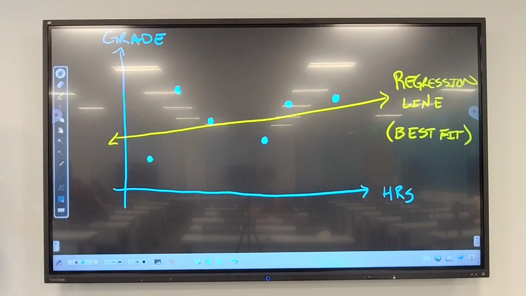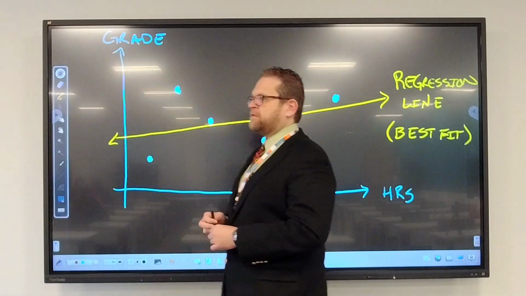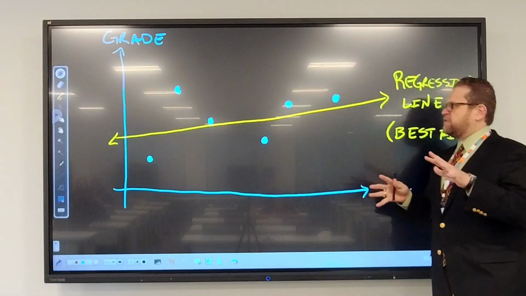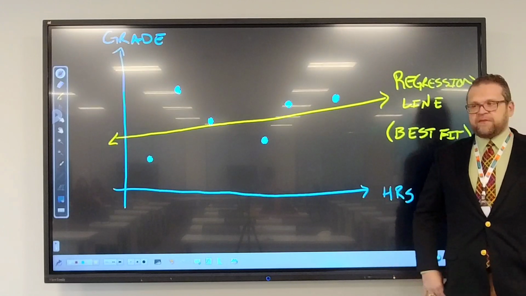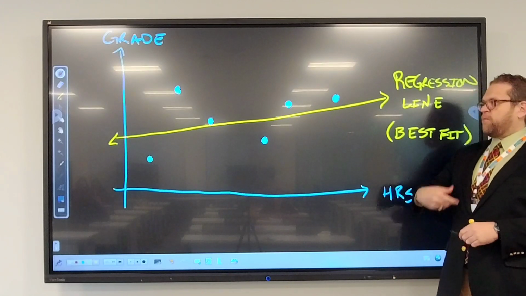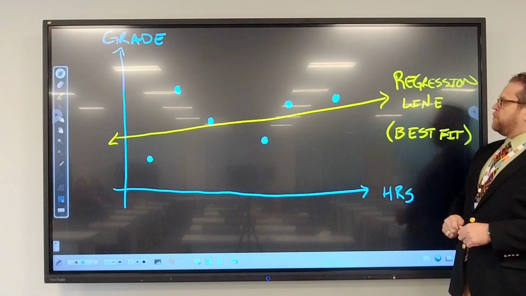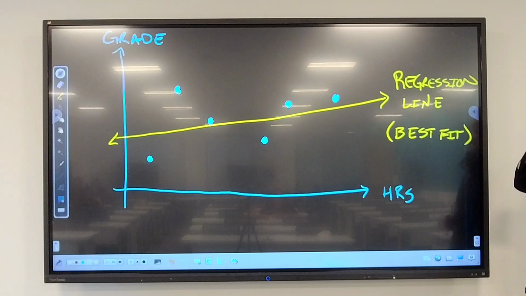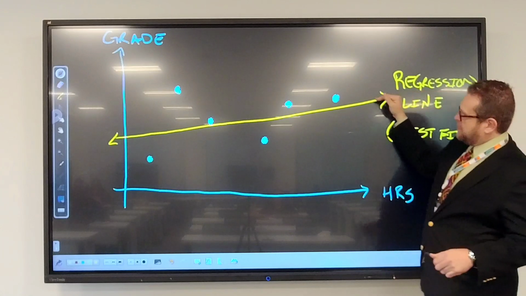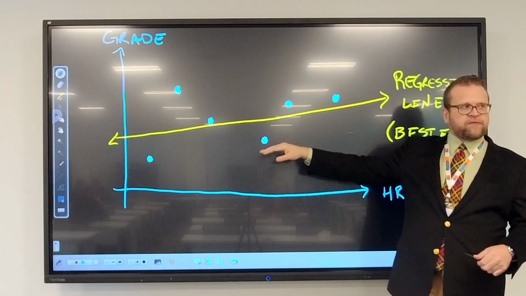Now, a deviation was previously how far it was from the mean, but in a more general sense, in an everyday sense of anything, it's how far away something is from what we expect. So, if I've told you that this is the regression line, then somehow I have an expectation that my data would follow this line.